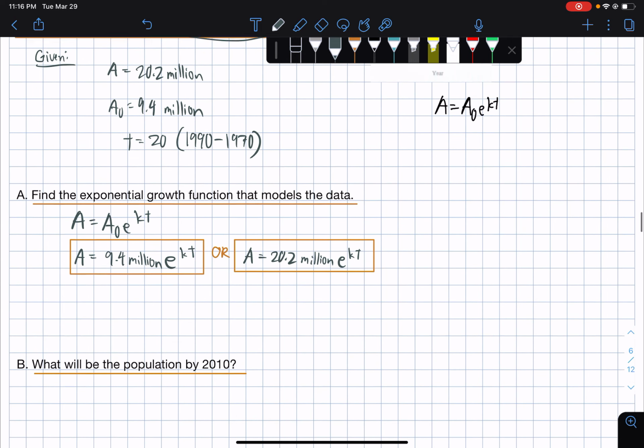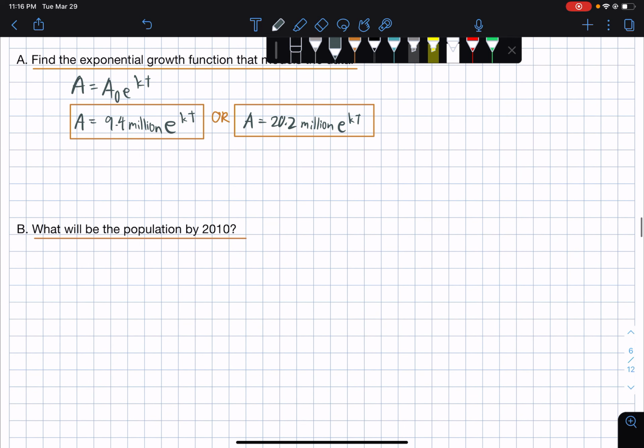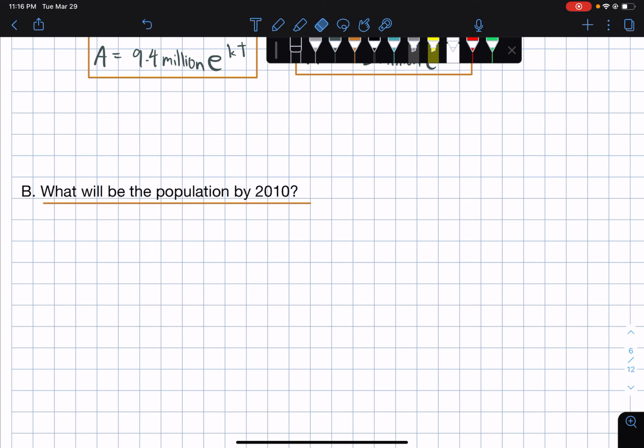So for letter B, it asks what the population will be by the year 2010. So A sub 2010 is equal to question mark. So we can solve this problem in two ways, provided two givens. So for given one, we have A0, which is 9.4 million, with a time.